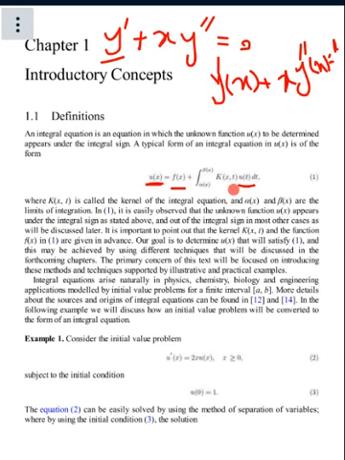So we have the integral of the unknown function, and because of this reason we call this kind of equation an integral equation. In this equation, the function f and the function k are given functions.